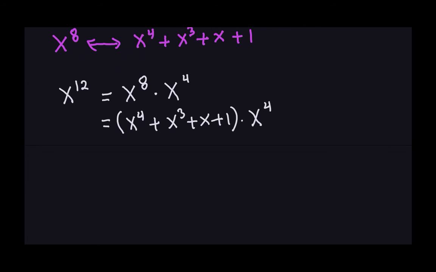So let's see what this one is equal to. So I'm going to multiply the powers. I'm going to multiply x to the 4 times x to the 4, x cubed, x, and 1. So you're going to use the distributive law there for multiplication.